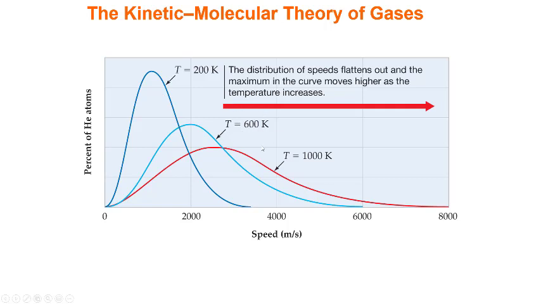But as we increase our temperature from 200 Kelvin to 600 and then to 1000 Kelvin, we can see that a larger proportion of our gas is moving at a much higher rate of speed. So that shows our kinetic molecular theory, postulate five, that as we increase our temperature, we increase the speed of our gas movement.